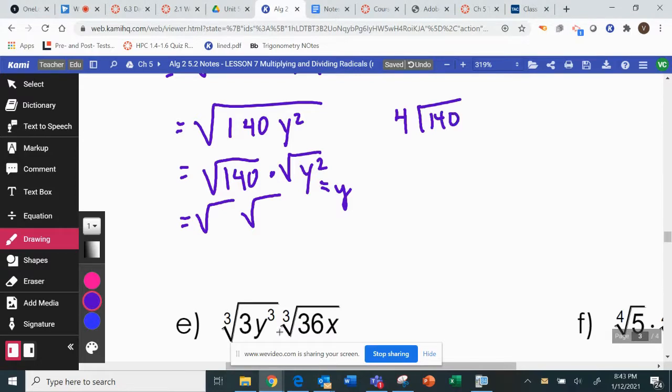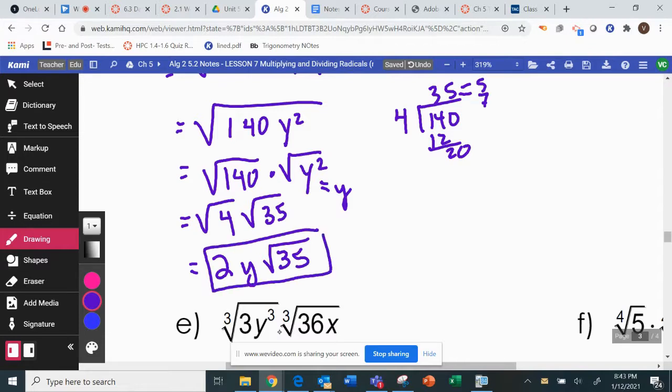Pretty sure it does. There we go, 35 times. And then 35 is 5 and 7. So 4 is the only perfect square that goes into 140. So I'm going to have 2, I'm going to have a y, and then we'll have the square root of 35 for our simplified answer.